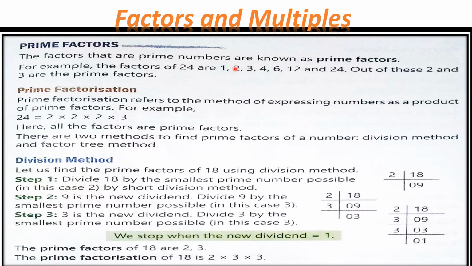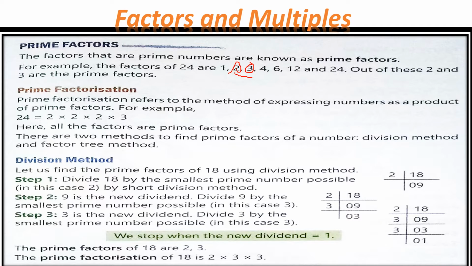As you can see here, this is 2 and this is 3. These two numbers only are prime numbers, and the rest of the numbers are composite numbers. So 2 and 3 are the prime factors.